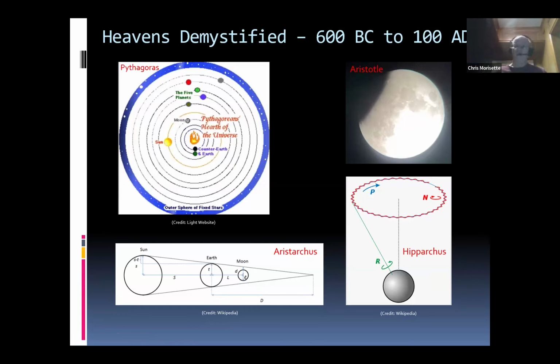And he deduced this by going back and looking at previous records of the precession of the stars. Obviously, those records don't exist anymore, but he was able to have access to that. And in addition to making this discovery, he prepared a stellar catalog that was used by individuals later on.